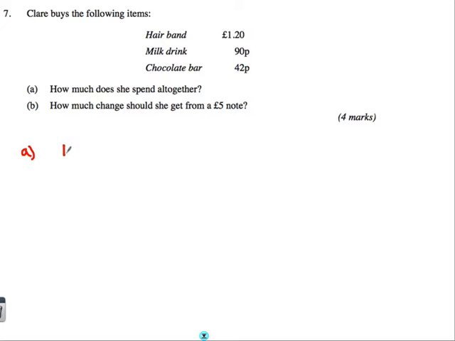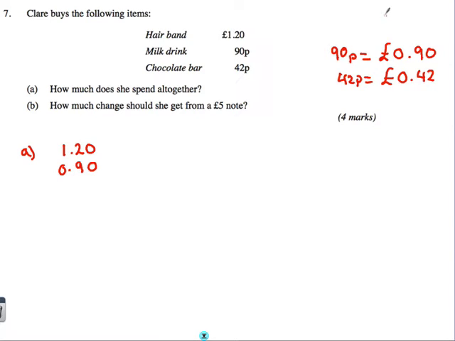Question A is the £1.20 plus 90p, which is £0.90, and 42p is £0.42. I'm just going to write down £1.20 at the top to help us out a little bit. And they're all in pounds, fantastic, so we can add them up.